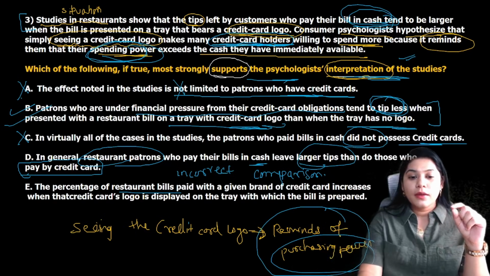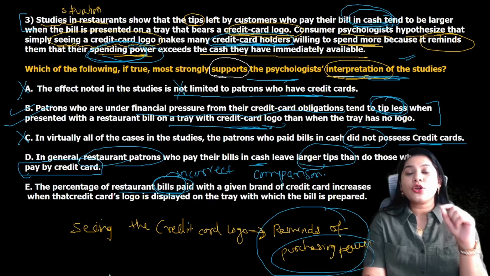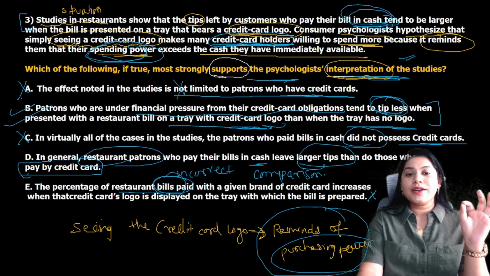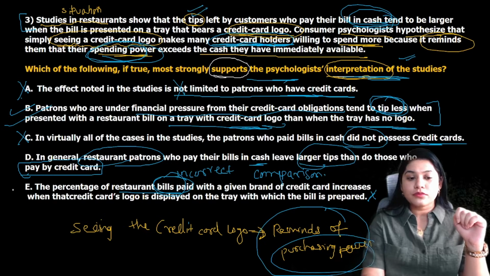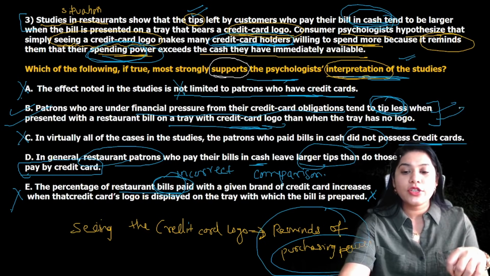The bills paid will be the same, isn't it? There's no impact on bills because of the credit card logo. There's impact on tips because of the credit card logo. So again, wrong. We are giving attention to the wrong factor. The focus should be tips here and not the bills. So the correct answer will be option B. Option B.